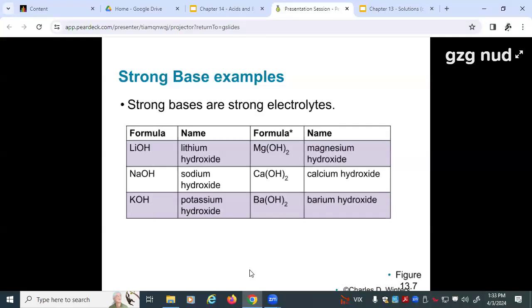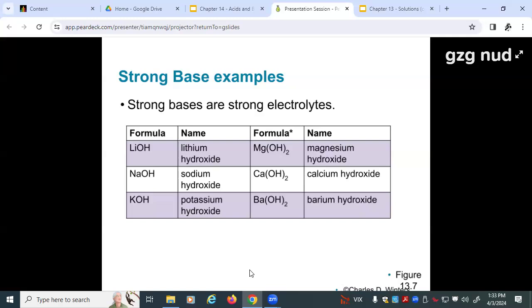Now, one important little piece of information here. The compounds in group 2 are not terribly soluble in water. So there is that aspect that we have to worry about and deal with, from a solubility standpoint, they don't tend to dissolve particularly well. But those parts that do dissolve do completely break apart.